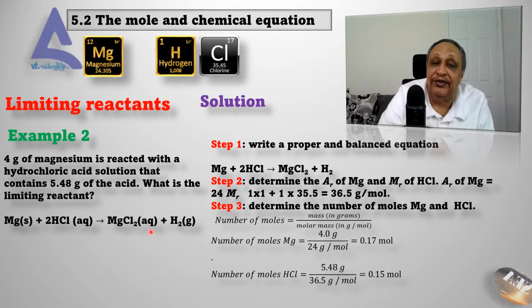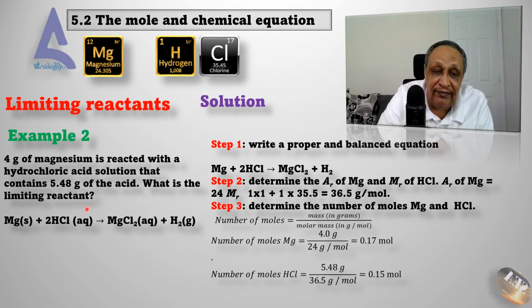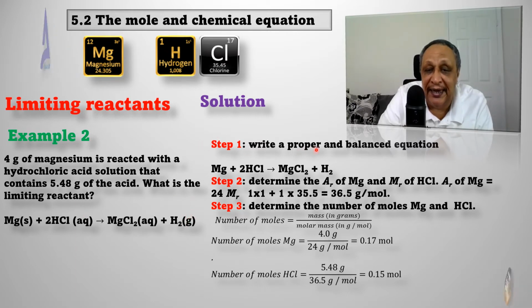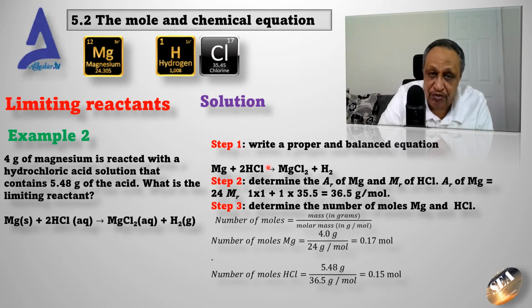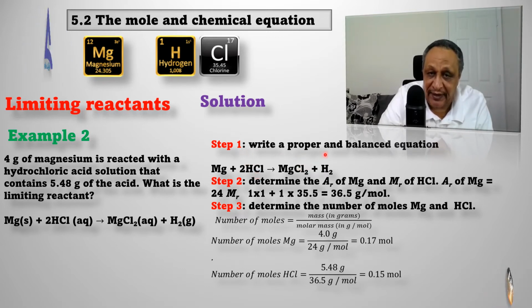Now we are going to deal with it the same way. I'm going to take this information out and put it as usual. So as usual, we are going to determine that 1 mole of magnesium is going to react with 2 moles of hydrochloric acid to give us those products.